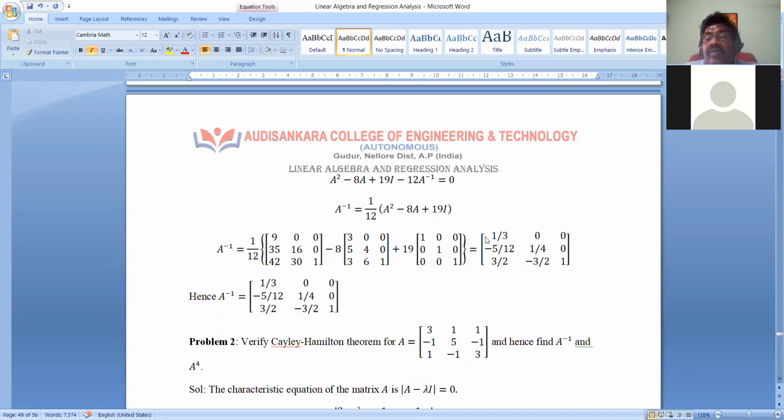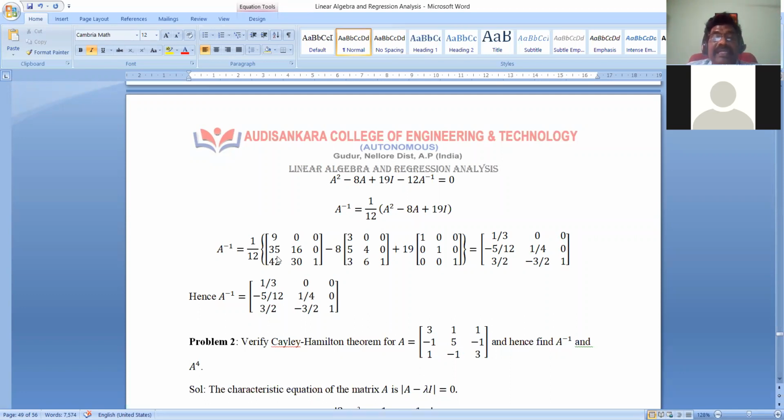That is nothing but 1 by 3. Next, 0 minus 0 minus 0 by 12, that is 0. Next, in the same way, 0 minus 0, 0 by 12, that is also 0. That is the first row of A inverse.